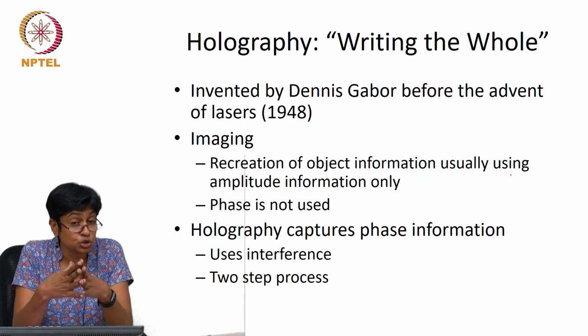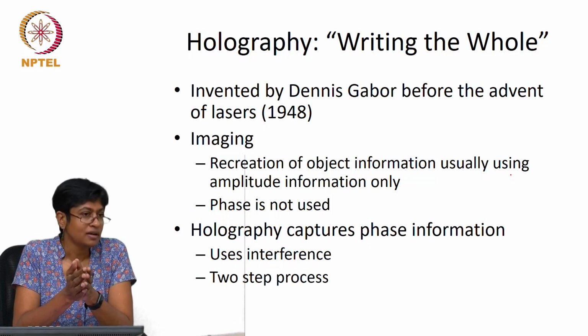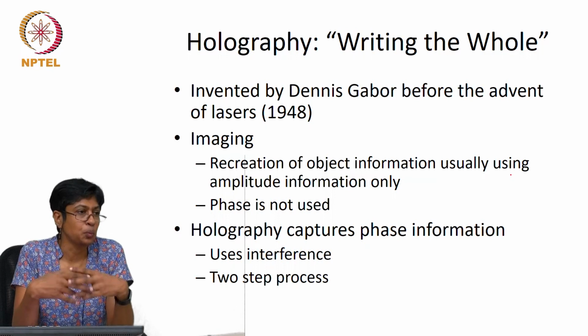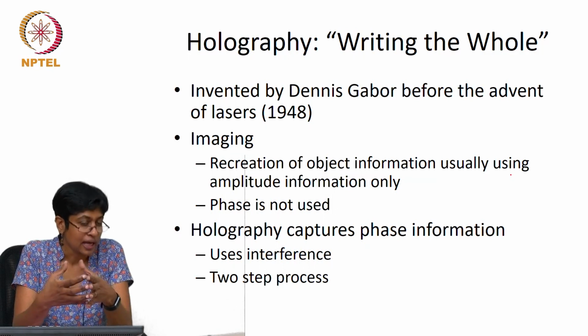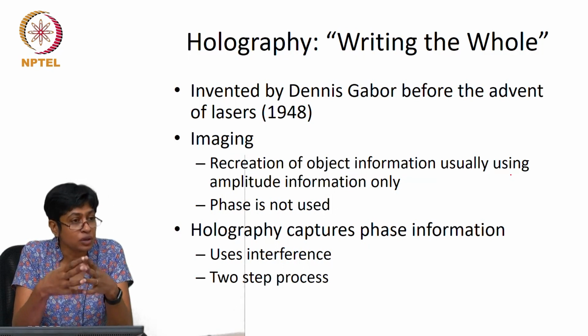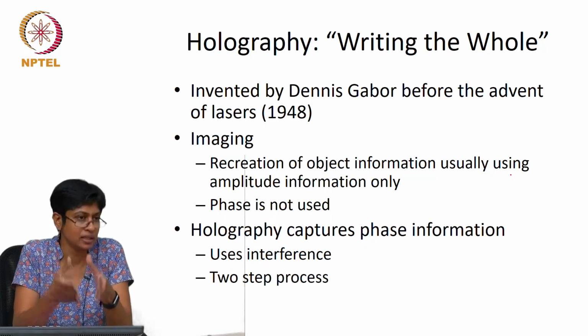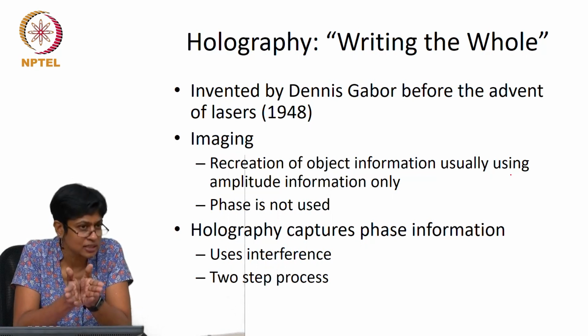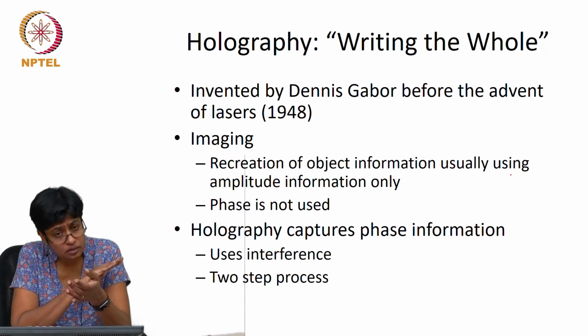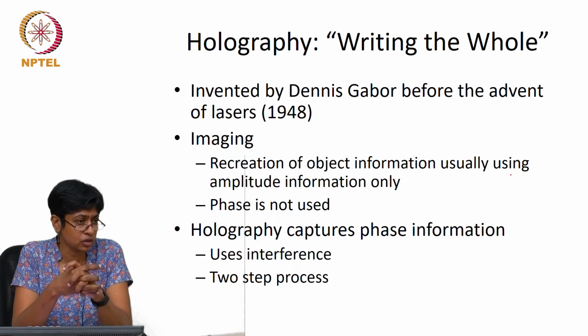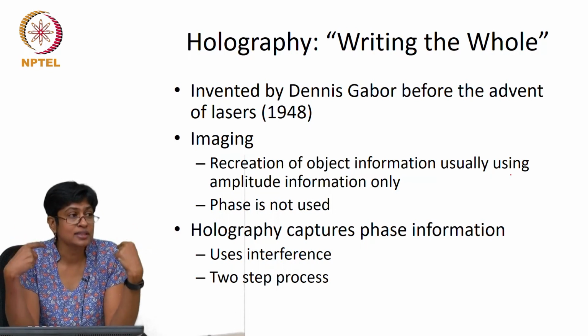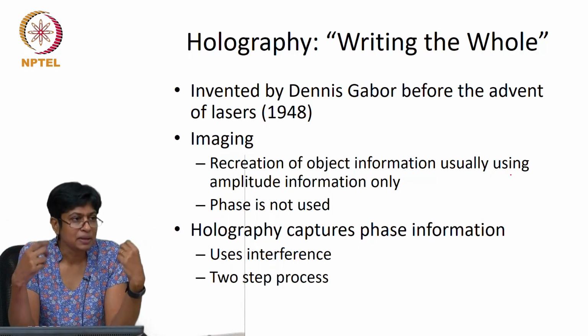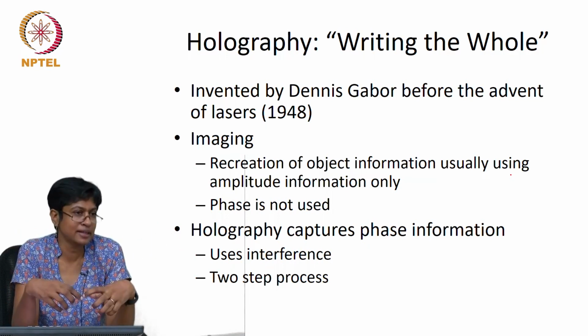But as you should now know, phase carries a wealth of information. And in fact, if I want to get true depth information, intensity is not going to give me that. If I see a picture which has only an intensity variation across it, there's a lot of processing that happens in my brain based on prior experience that feeds me the depth information.